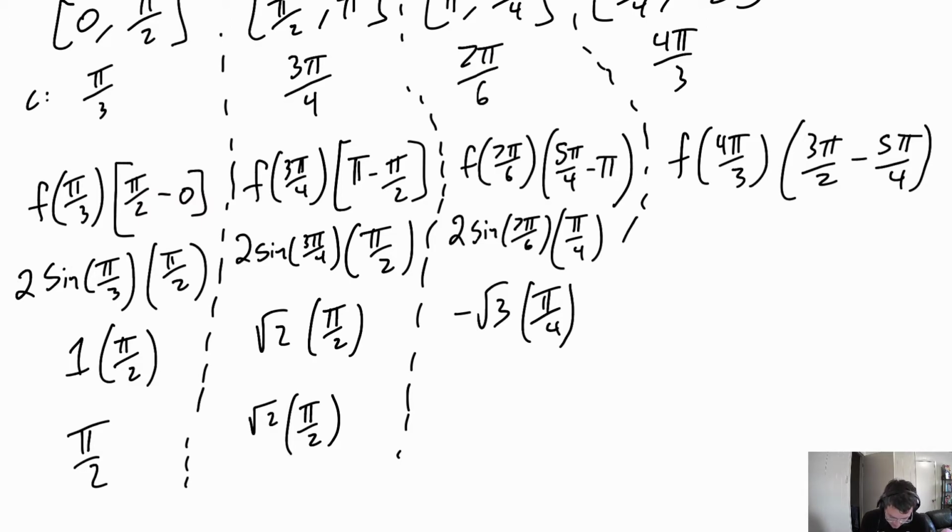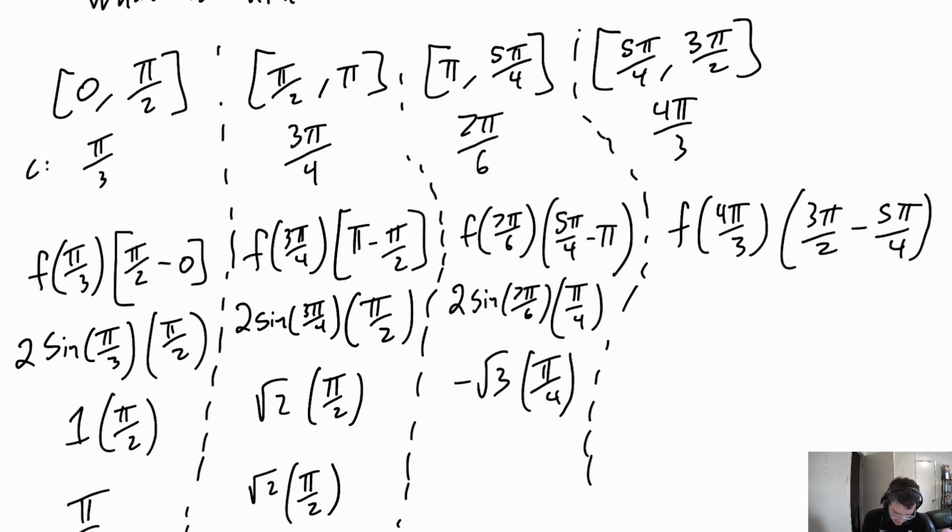And then lastly, this last interval and sample point, f of 4 pi over 3, that's 2 sine 4 pi over 3.